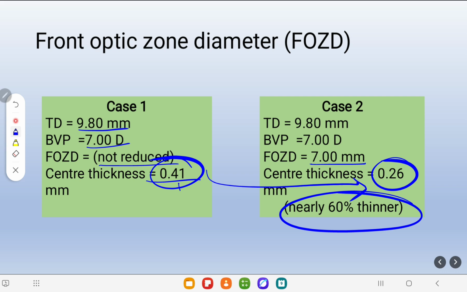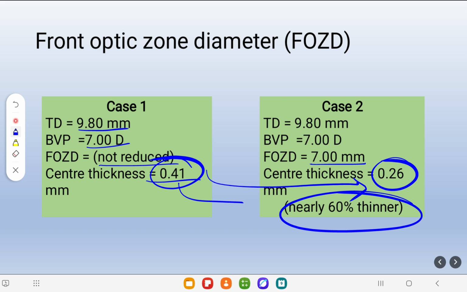Yes, as compared to, so not 60%, but yeah, from 100% to 60%. It came to 60%. So it's very important. Whenever we reduce FOZD, that's one of the reasons why, when we literally need very high power, we do not reduce front optic zone diameter.